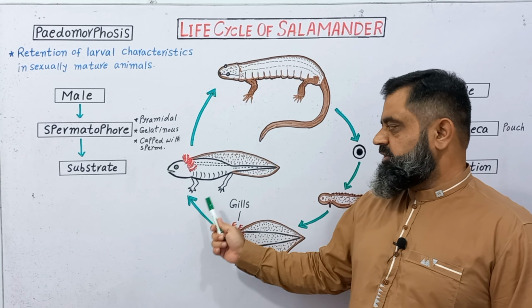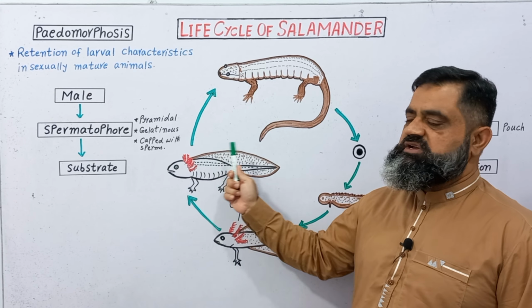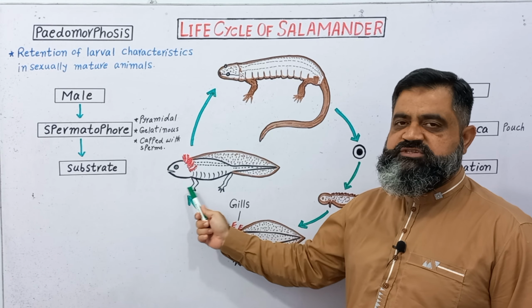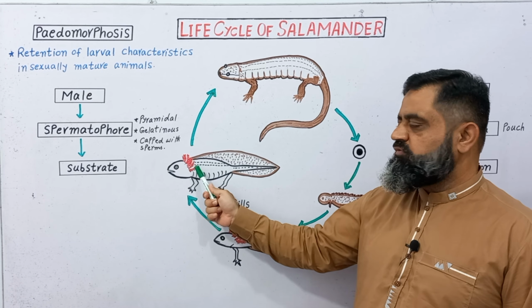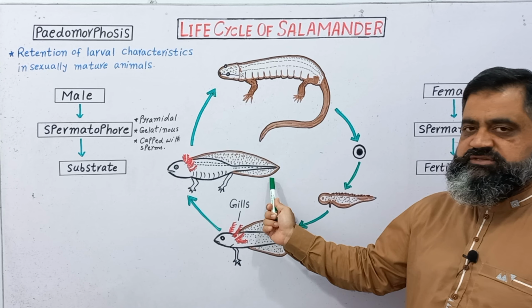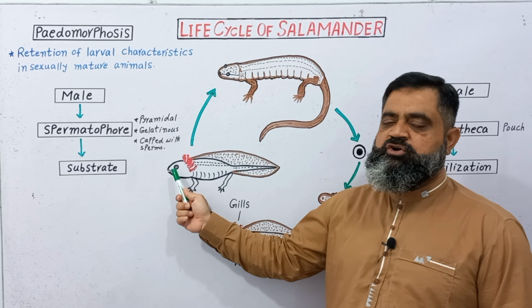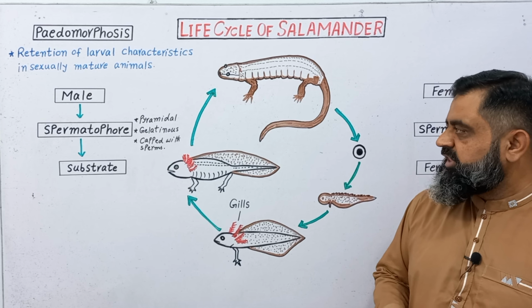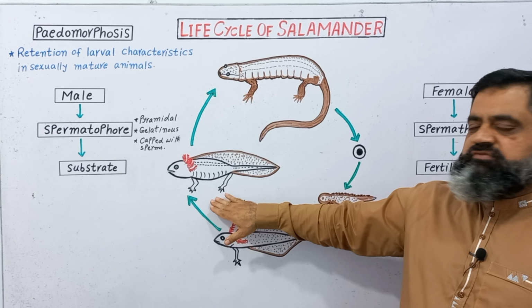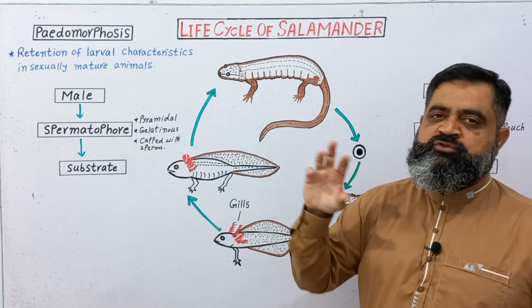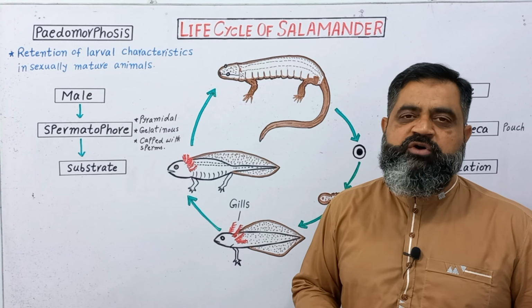Later, after some time, this larva develops into a larger larva. Now, this larva has forelimbs and hind limbs, along with the three pairs of gills for respiration and a tail with fins. It does not have teeth or tongue, and the tongue is usually rudimentary. After surviving for some time, this larva changes into adult through a process known as metamorphosis.